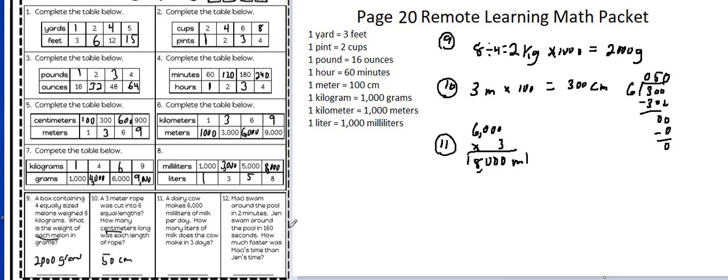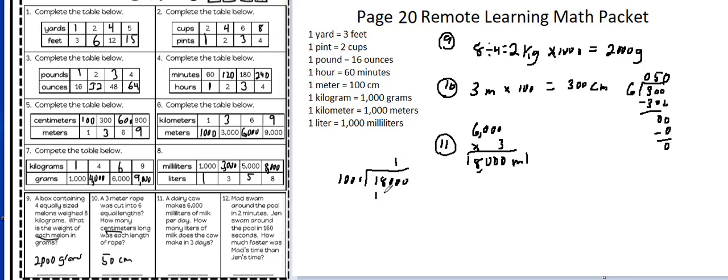Okay, but then I'm going to divide that by 1,000. Or what would I multiply 1,000 by to equal 18,000? I would multiply 1,000 by 18. So it would be 18,000 divided by 1,000.